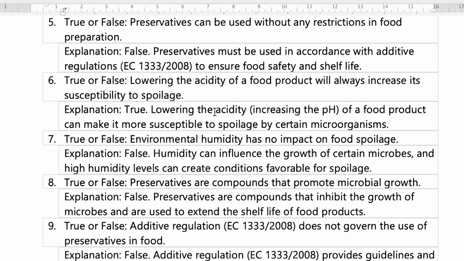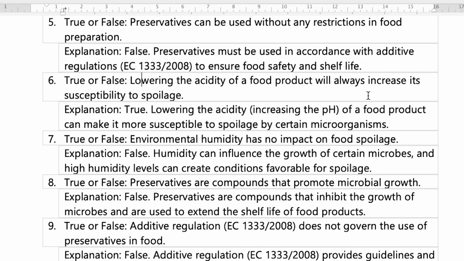Yeah, so it means that for some microorganisms, when you increase the pH, if you make it less acidic, it will increase their susceptibility.